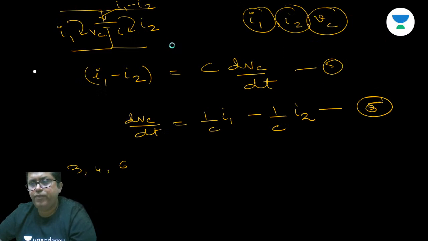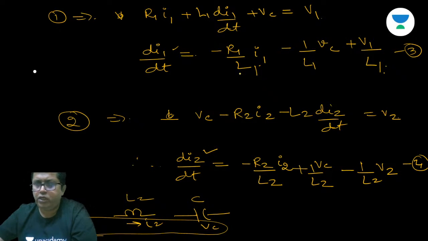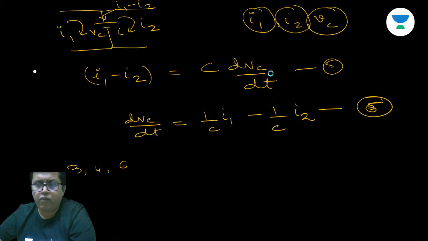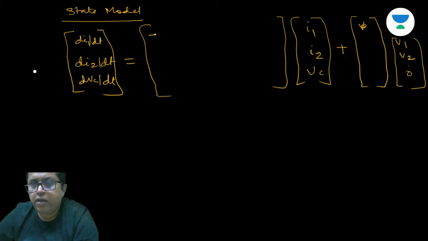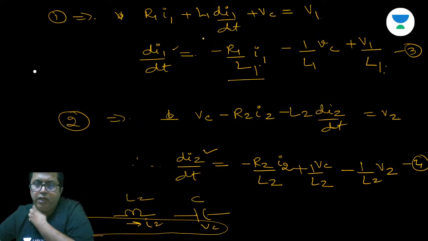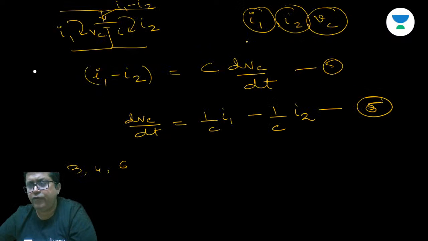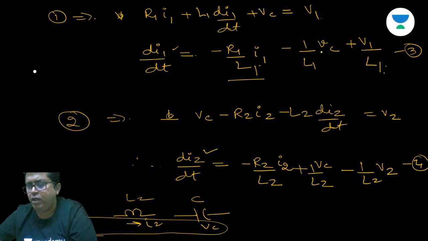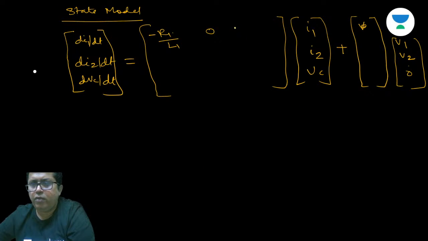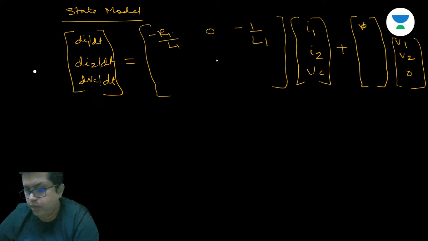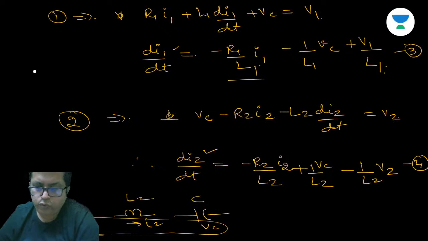Let us check the I1 coefficient in equation 3: minus R1 by L1. Let us see the I2 coefficient in equation 3. There is no I2 term, so 0. Let us see the VC term in equation 3: minus 1 by L1. Now equation 4.